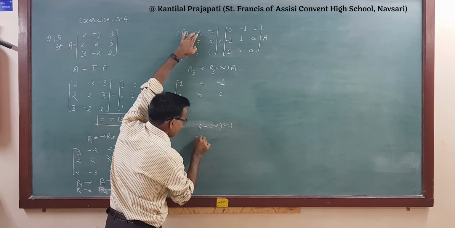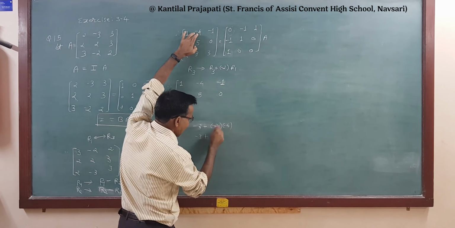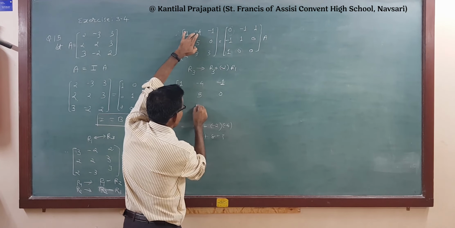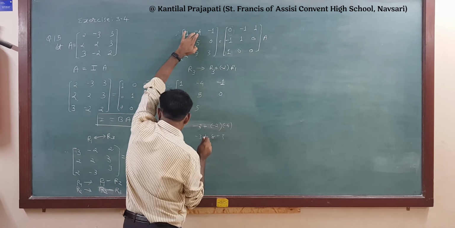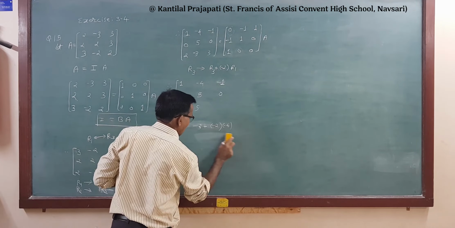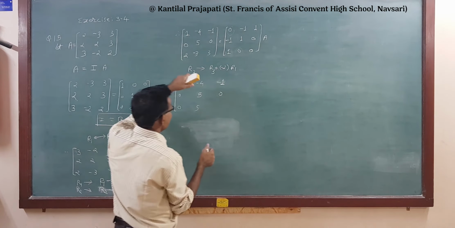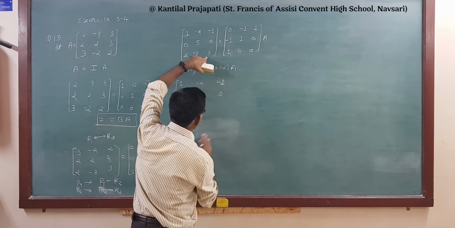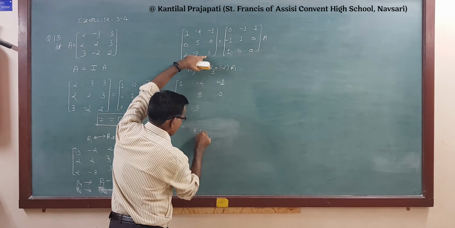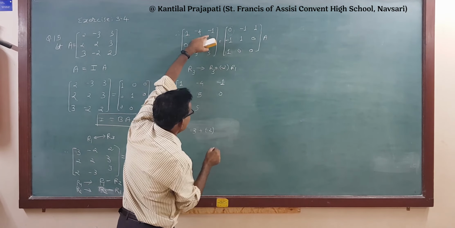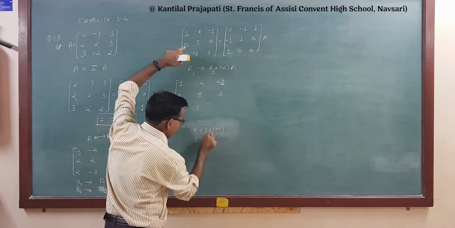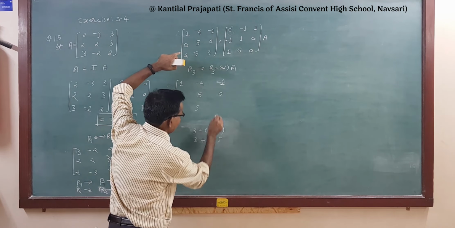That is minus 3 plus 8, which is equal to 5. So we write here 5. Then we write the third element here. So 3 plus minus 2 into minus 1, and that is 3 plus 2, equal to 5.